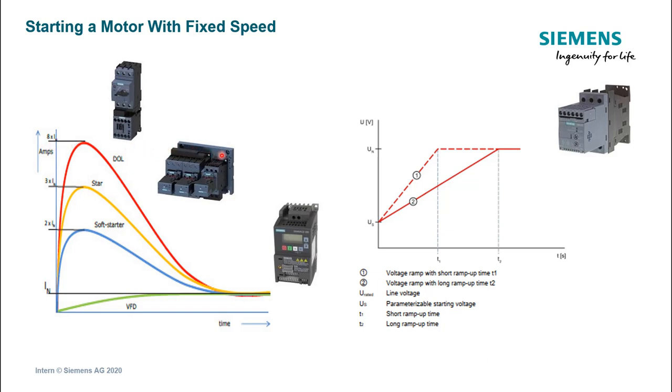Very similar to a DOL, you have a star delta starter combination, and I say it's very similar because it's still a physical switch, except it's 3 physical switches combined, which effectively share the load, and that can reduce the current by up to 3 times.